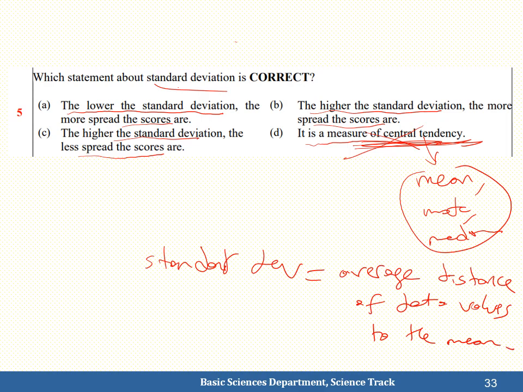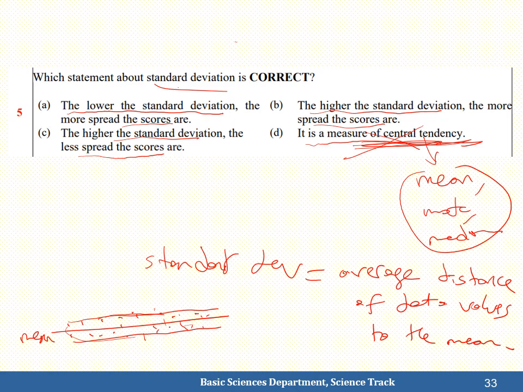So it means if you have a mean here and most of the data is spread like this, most likely the average you will get is something like this. So if the standard deviation is low, then the dispersion or the spread is small. So standard deviation is small, spread is small.